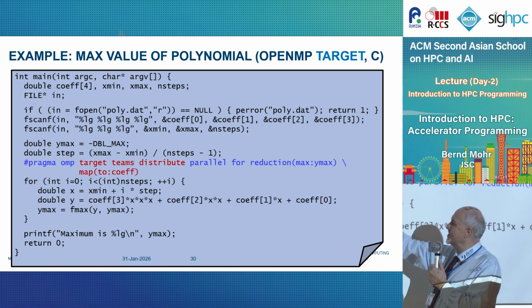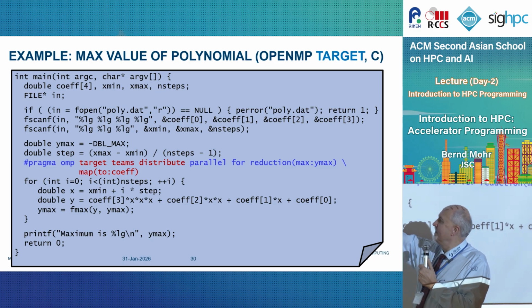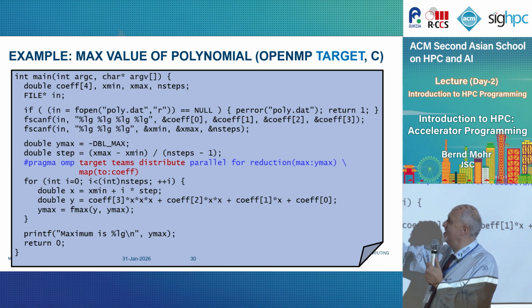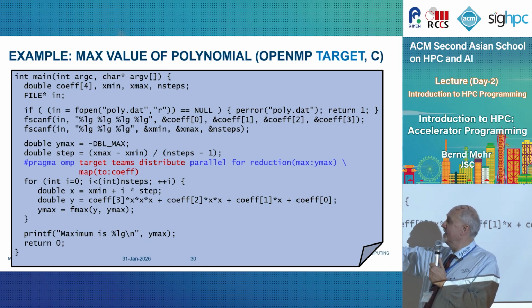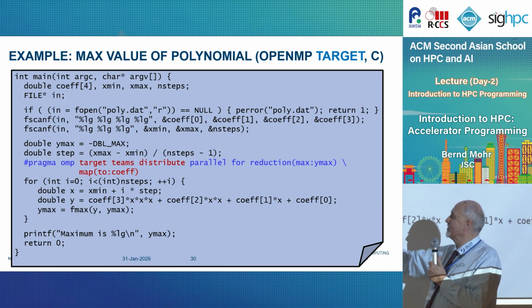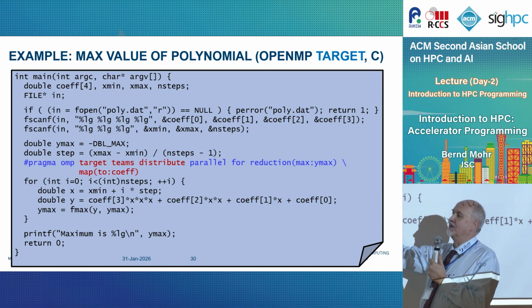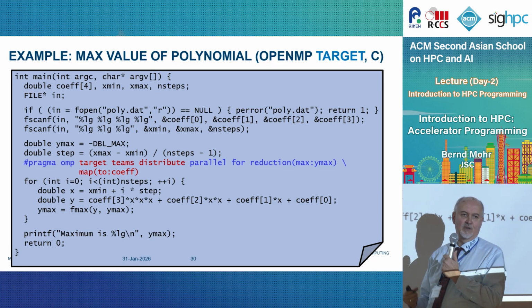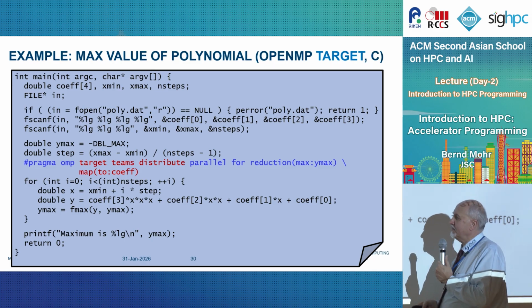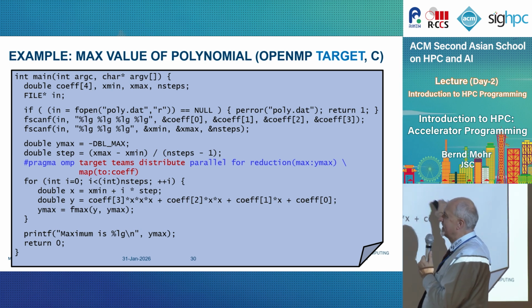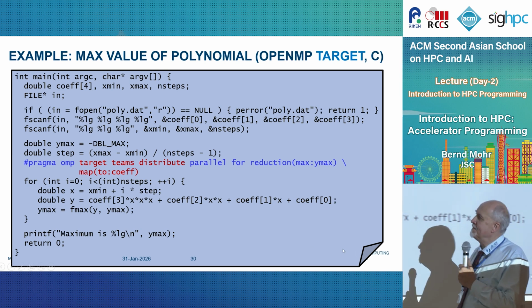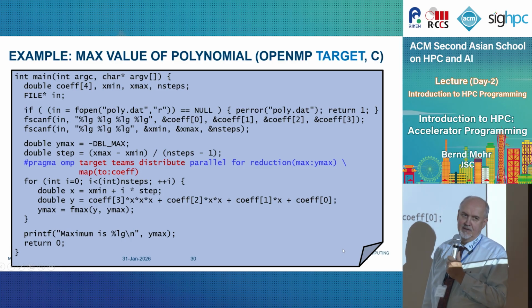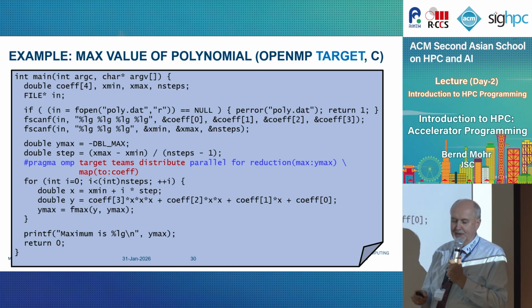Here we need the coefficients to run it, so we map the coefficients into the accelerator. And if you want to have it out, you say map from, and then it copies it out, or to and from. But basically, again, it's just one line, and you can program a GPU in a simple way.